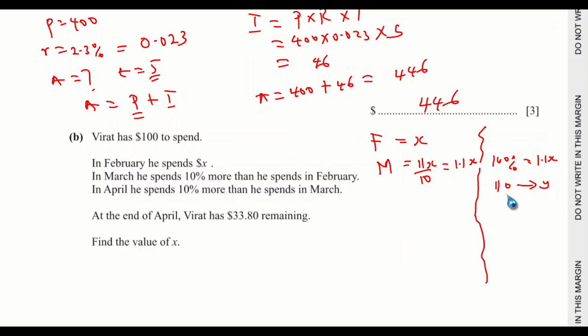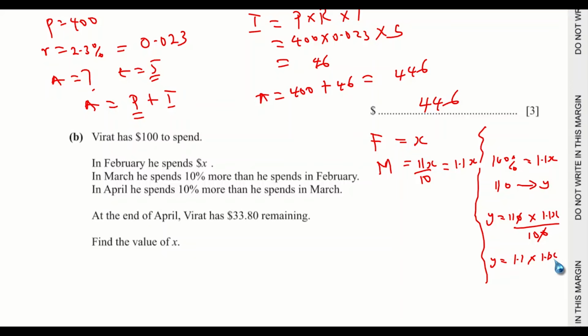If you cross multiply again, you see that y will be equal to 110 multiplied by 1.1x, divided by 100. So 0 will cancel 0 here, so 11 over 10. So y equals 11 over 10, which is 1.1, multiplied by 1.1x.